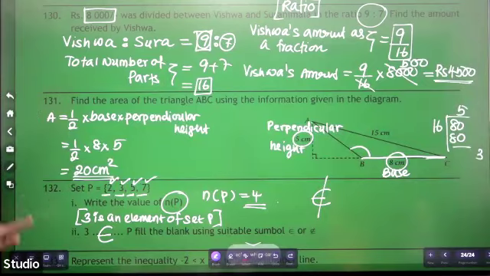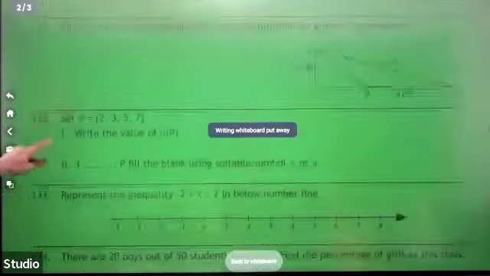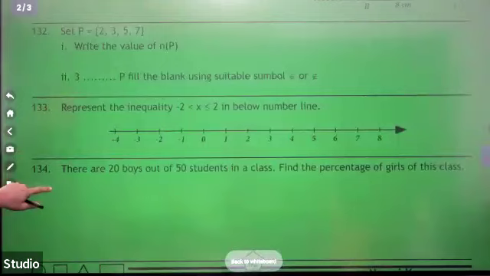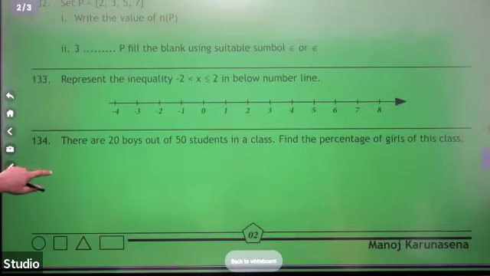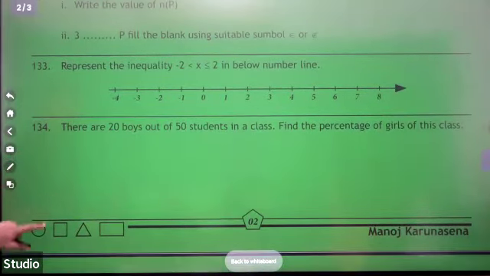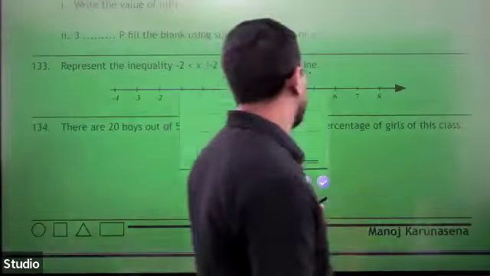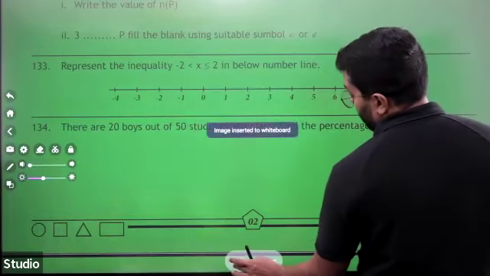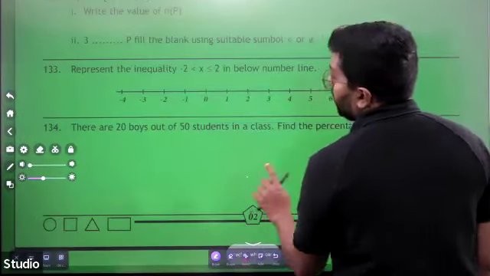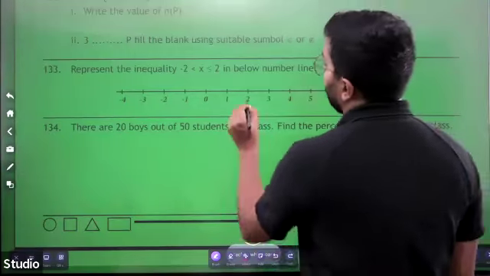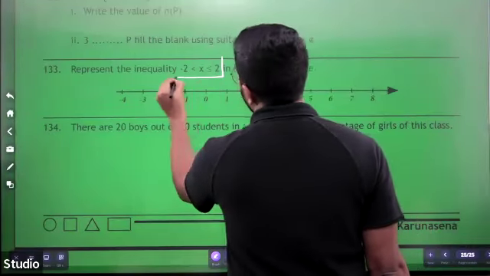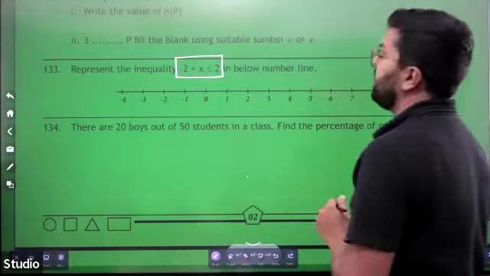Let's move ahead. Question number 133, question number 134. Right. Represent this inequality.